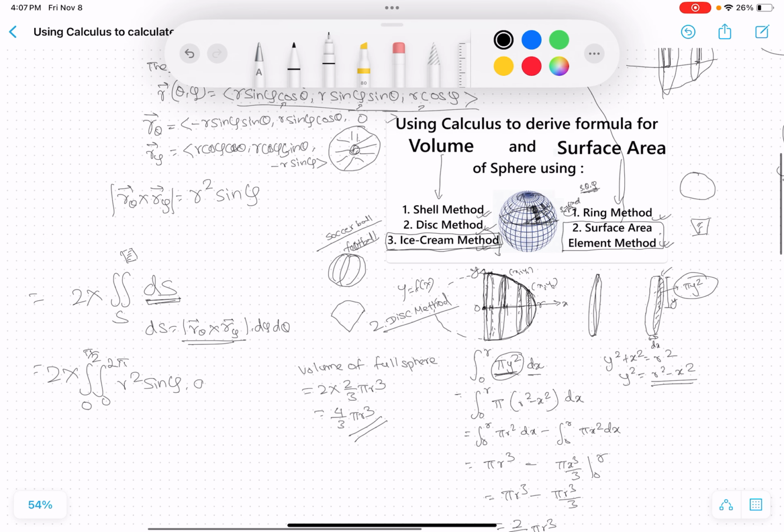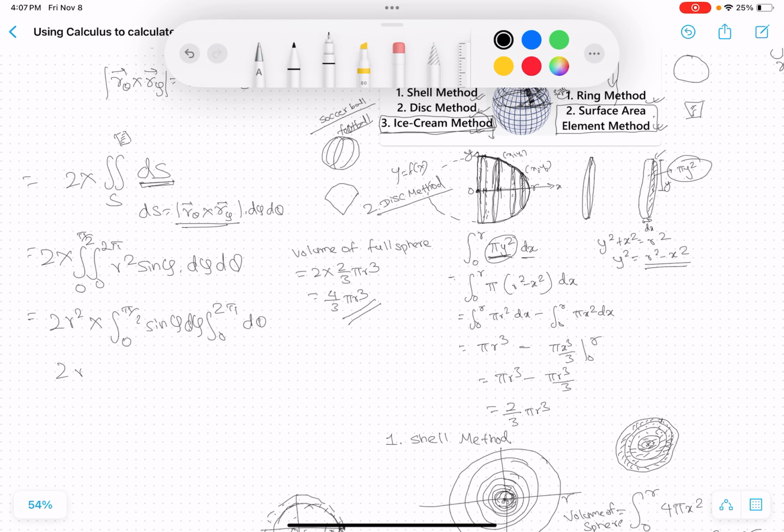So this is now 2 times r squared coming out as it is, and then the integral from 0 to pi by 2 of sine phi times the integral from 0 to 2 pi of d theta, right? And this will just be 1, and that will just be 2 pi. So yeah guys, we get the formula 4 pi r squared for the surface area of the sphere. So this is done too guys.